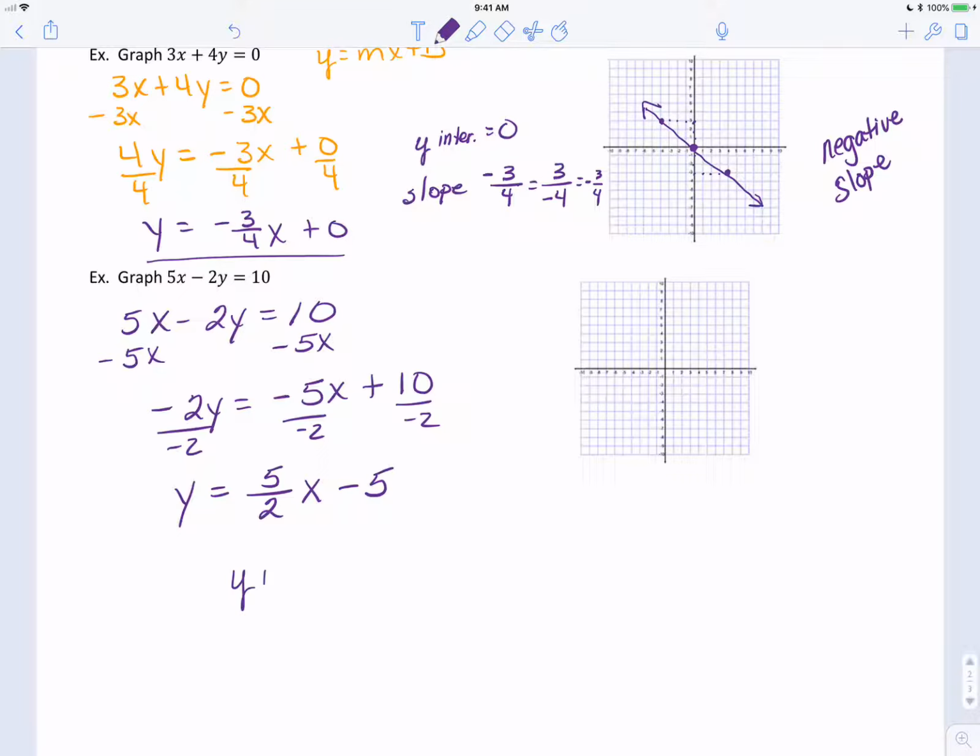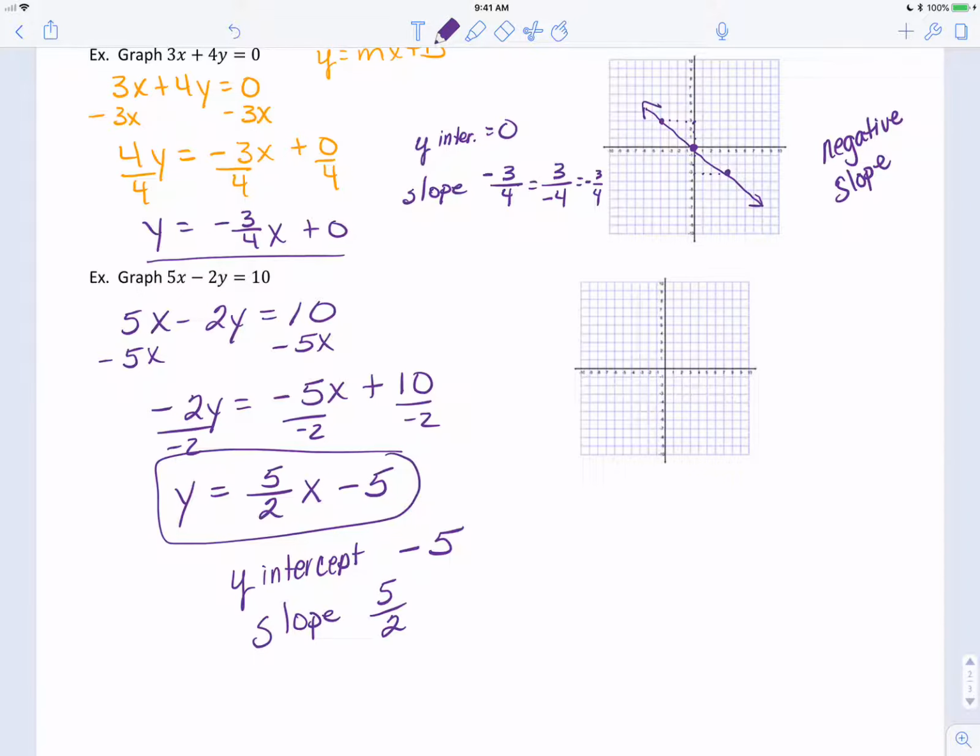Okay, so where's the y-intercept in this equation? It's at -5. What's the slope? 5/2. So let's go plot that. All right, the y-intercept's at -5, so here we go. We're going to put a point down here at our -5.